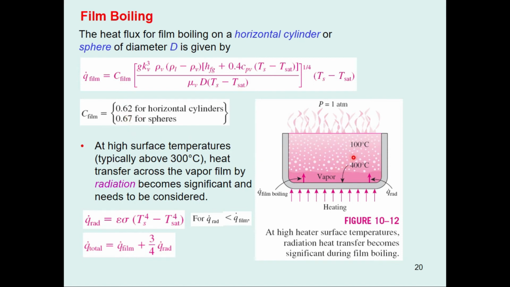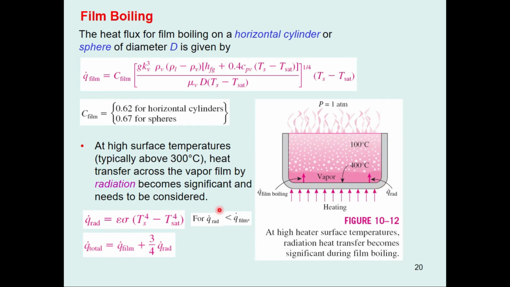So we have already seen what film boiling is. Film boiling is when there is a great difference between the saturation temperature and the surface temperature, and there will be a vapor film which encapsulates or covers the heating surface, and there will be radiation heat transfer, which we have studied, right? So the heat flux in film boiling increases because of this Q radiation heat transfer.